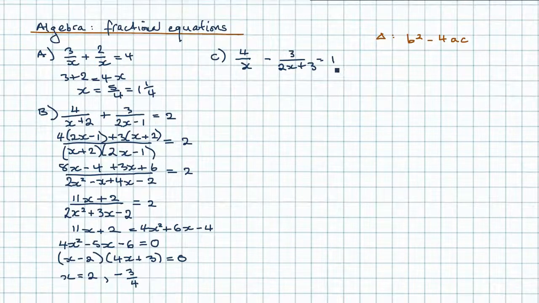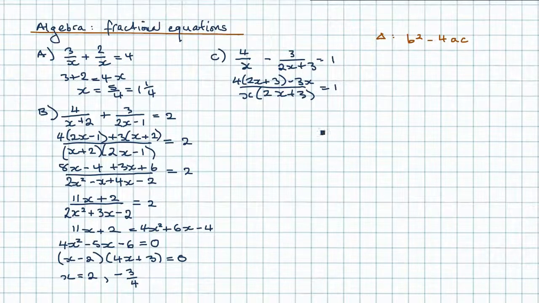I'm probably going to skip a step here as well, because as we get used to this process it becomes quite a bit quicker. Okay, so first step, I've got my common denominator. Well, that's going to be x(2x plus 3). I use this expression to get my numerator on the left hand side, and I use this x term to get my minus 3 times x, minus 3x, equal to 1.